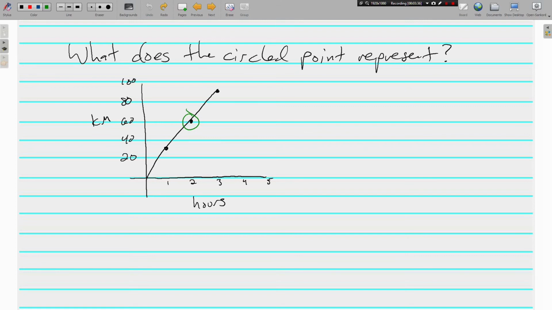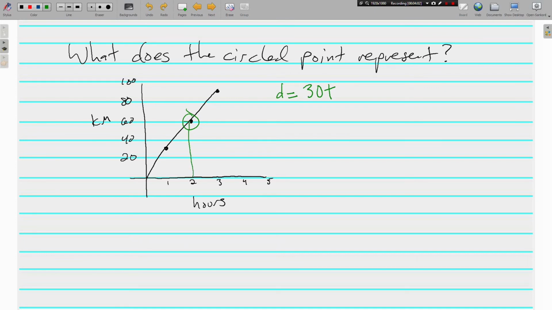We got that from Peter on the last screen. And 60 kilometers in 2 hours and 90 kilometers in 3 hours. Our equation is d equals 30t, but that's not what we're asked. What does the circled point represent?